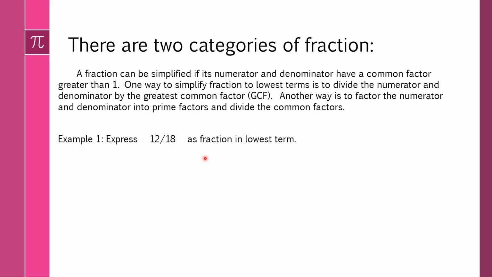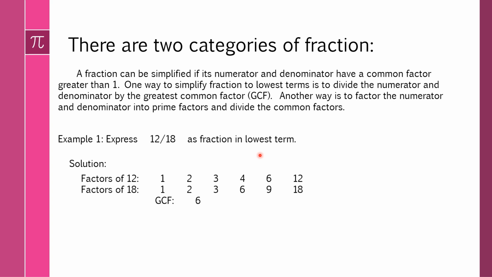Example, we have 12 over 18 as a fraction; express it in lowest term. Okay, so finding the factors of 12, we have 1, 2, 3, 4, 6, and 12. And the factors of 18 are 1, 2, 3, 6, 9, and 18.